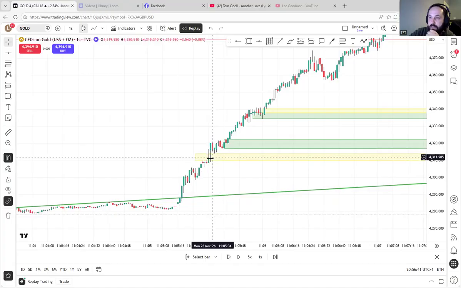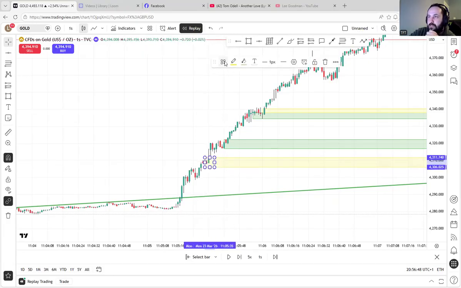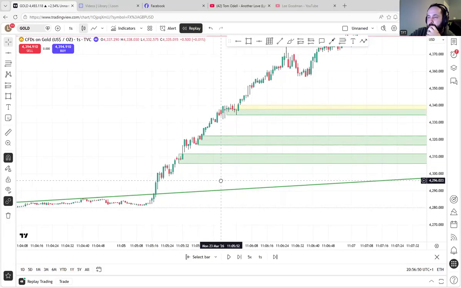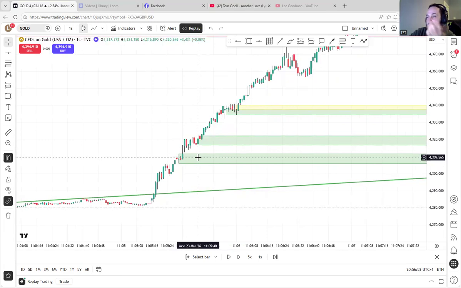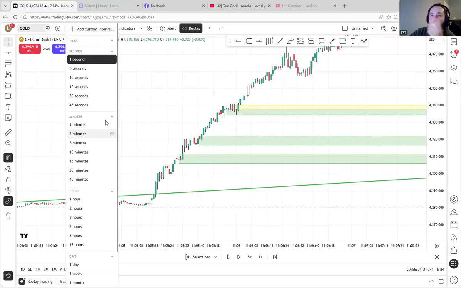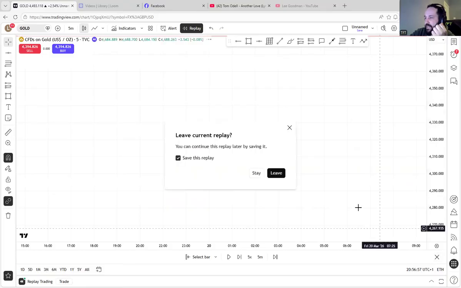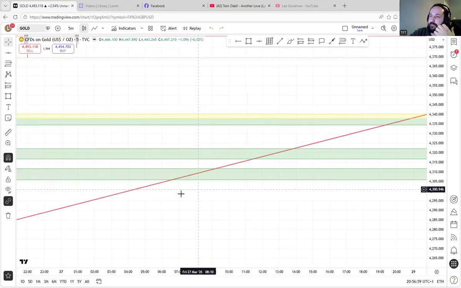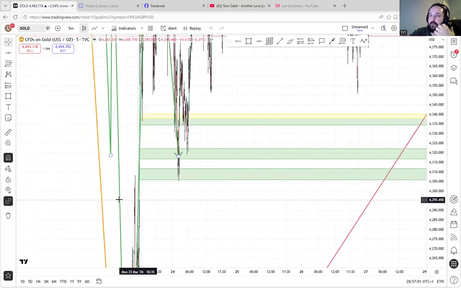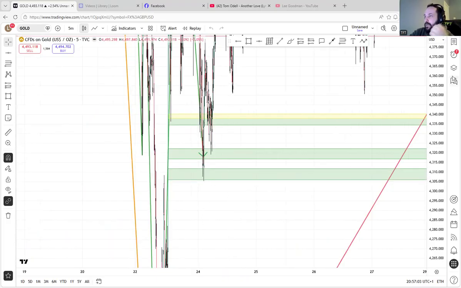These wicks here, there's no body, so that could have been the entry. Like I say, not easy to read, but what it's actually doing is coming back for something that pretty much fills it to the dot.